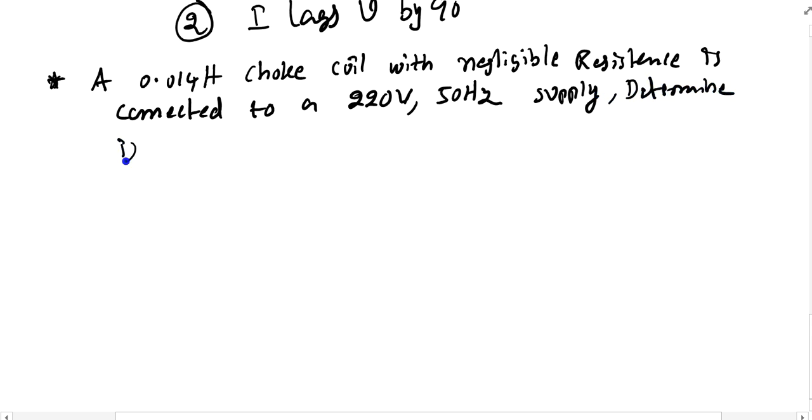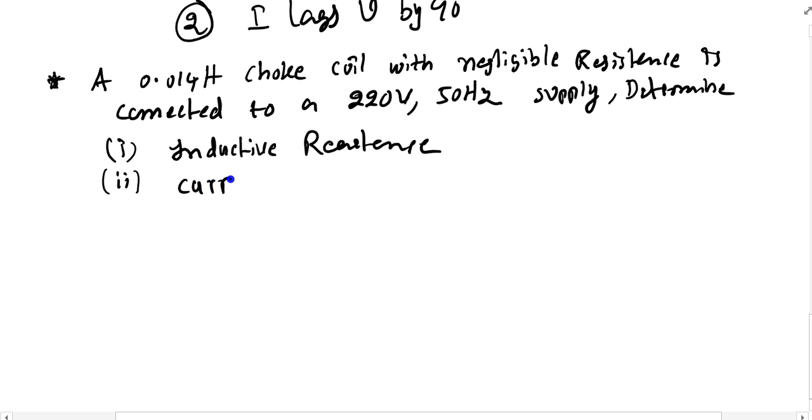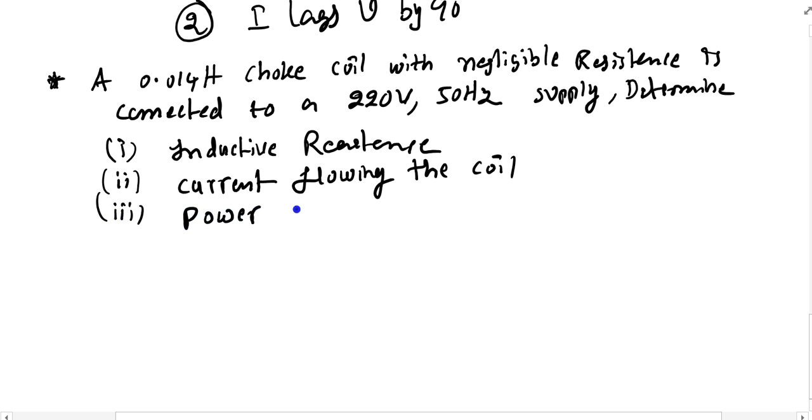The first point is to determine the inductive reactance. The second point is the current flowing through the coil. The third point is the power consumed by the circuit.